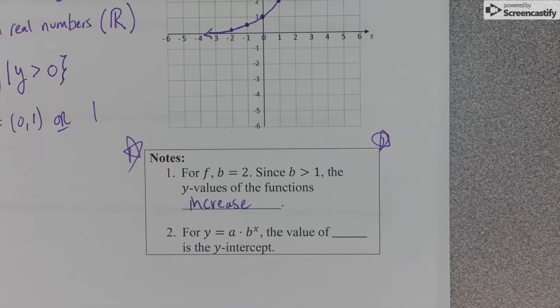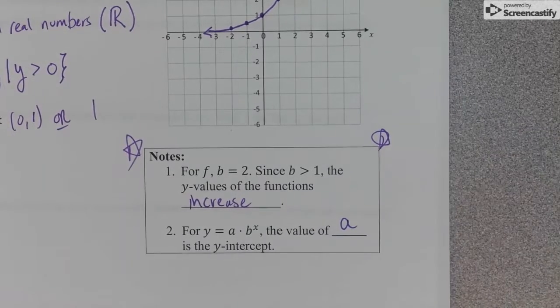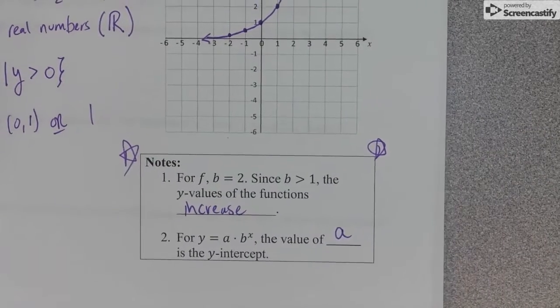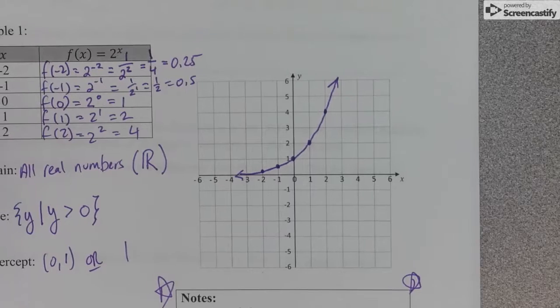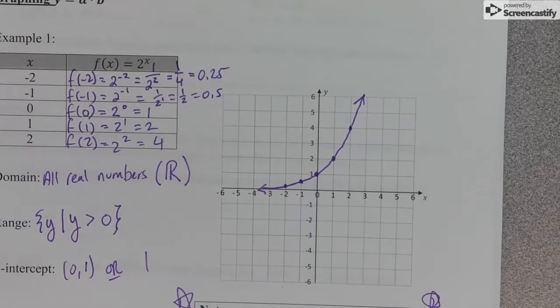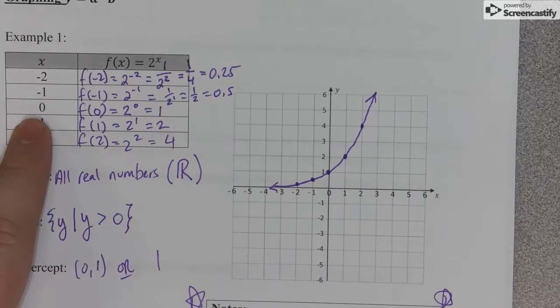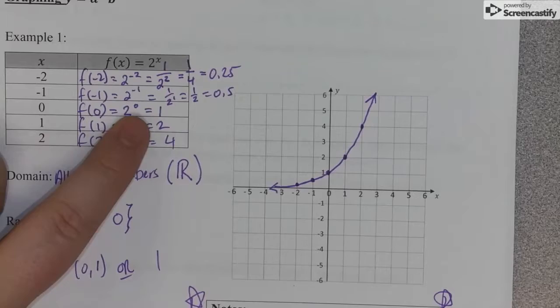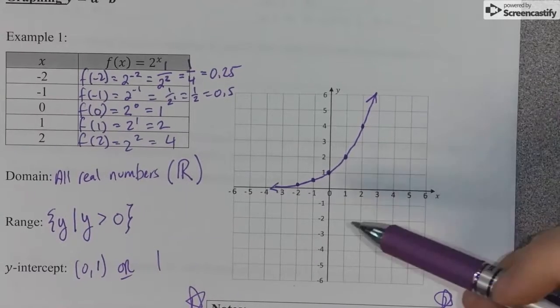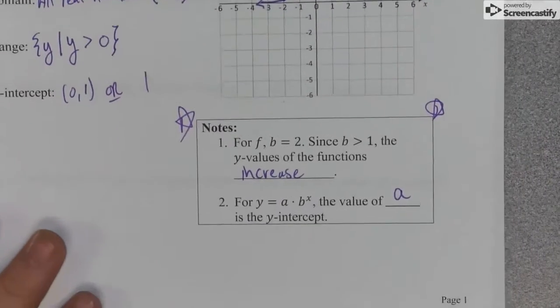For y equals a times b to the x, the value of a is the y-intercept. Notice in example 1, there was no a value written. That means we're just going to assume a is 1. So when I plugged in x equals 0, my function equaled 1 at that point. So 2 to the 0 was 1.